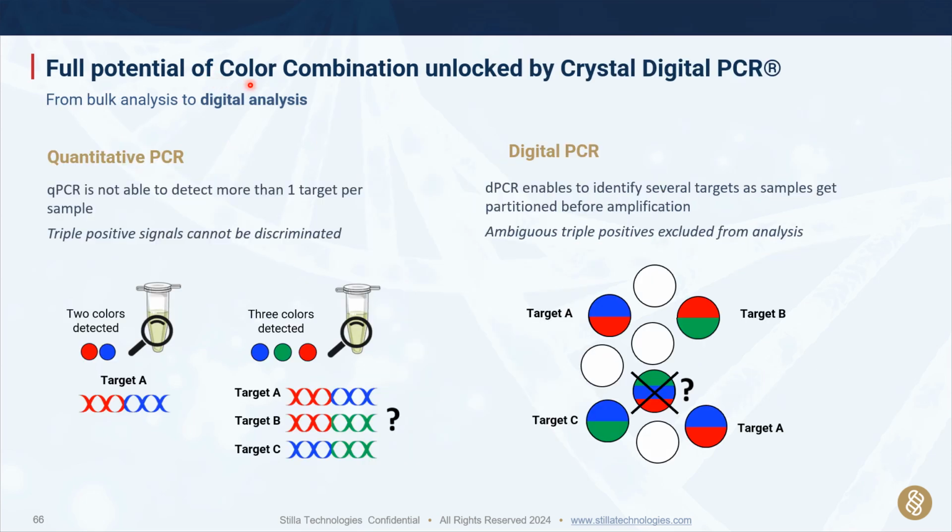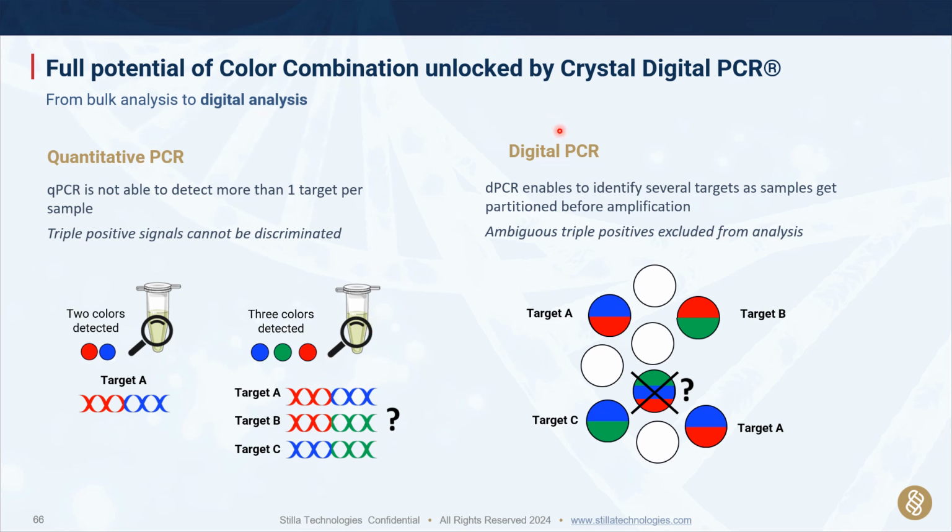If we use color combinations in qPCR, we can see that we should be able to accurately detect color combinations if we're using one target assays. But as soon as we introduce multiple targets, it becomes very difficult to detect and distinguish which targets are amplifying in the sample.